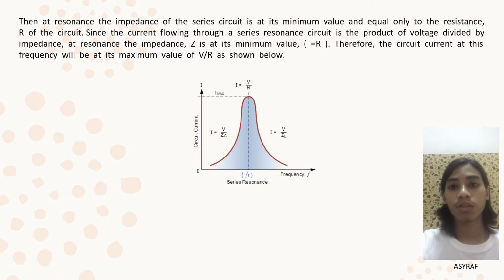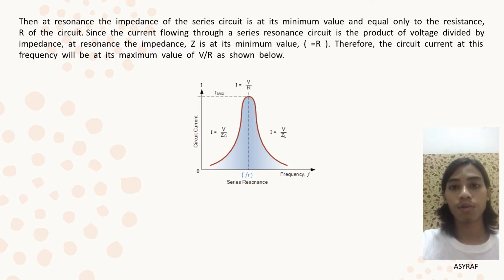After the reactances are cancelled out and the total impedance of the series circuit becomes just the value of the resistance, at resonance the impedance of the series circuit is at its minimum value and equal only to the resistance R of the circuit.